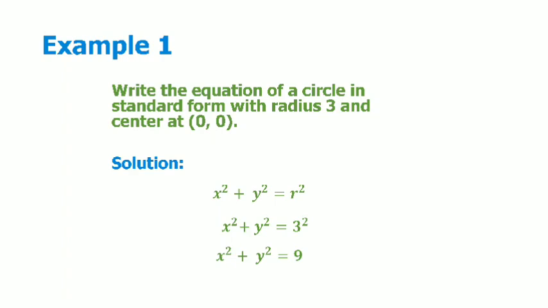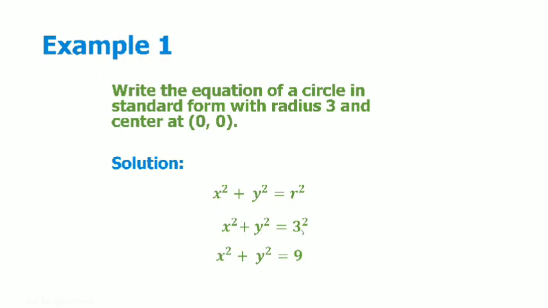Okay, first example. Write the equation of a circle in standard form with radius 3 and center at (0, 0). The first step, we will write first the standard form of a circle with center (0, 0). So we have x squared plus y squared equals r squared.